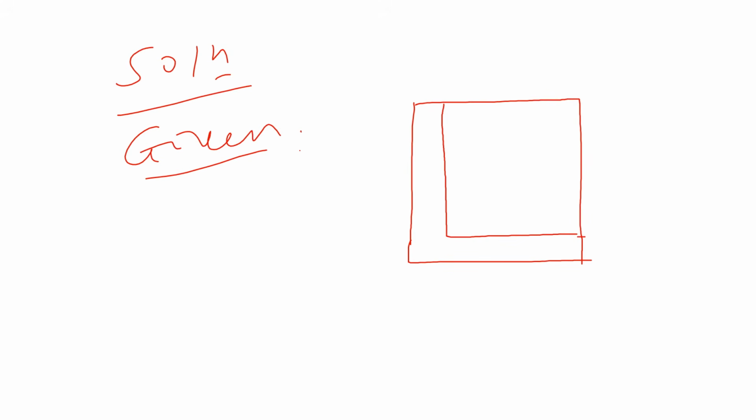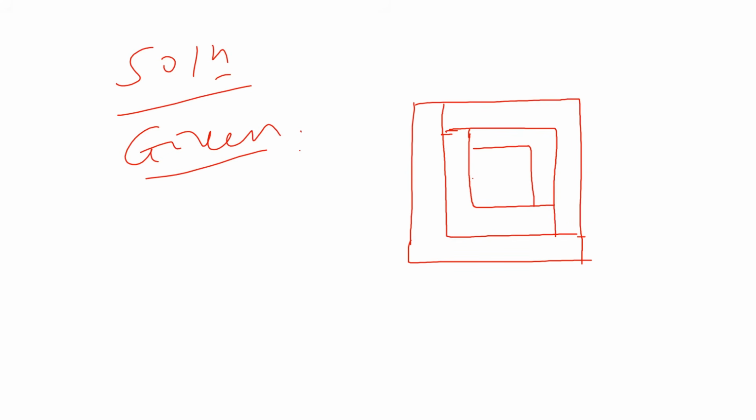Here we have another square, the third one. Under this we have another square, and under this also another square. So we have around 5 squares: the first one, the second one, the third one, the fourth one, as well as the fifth one.